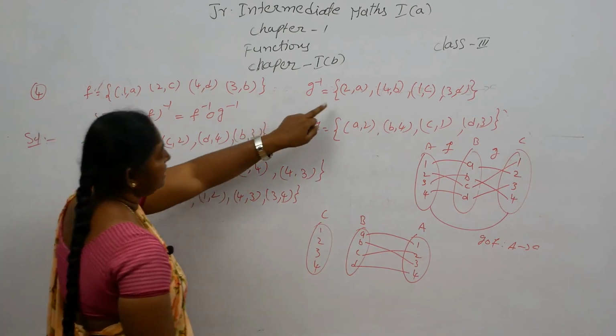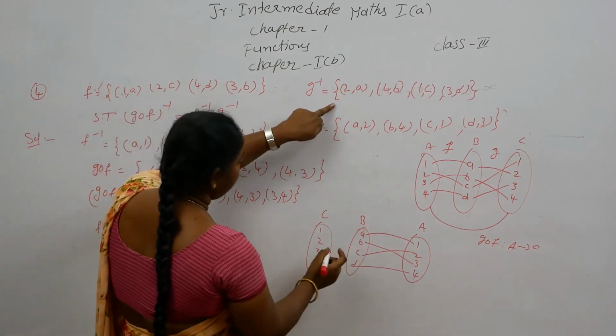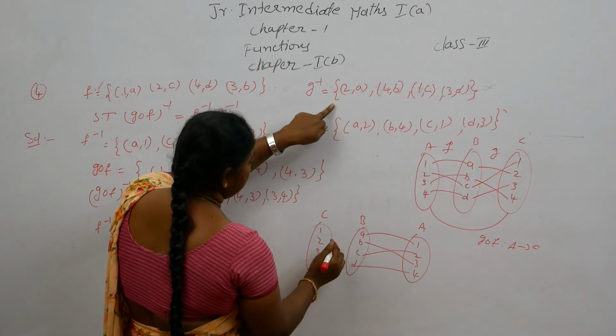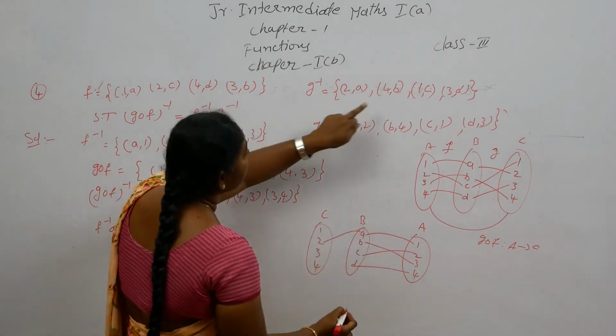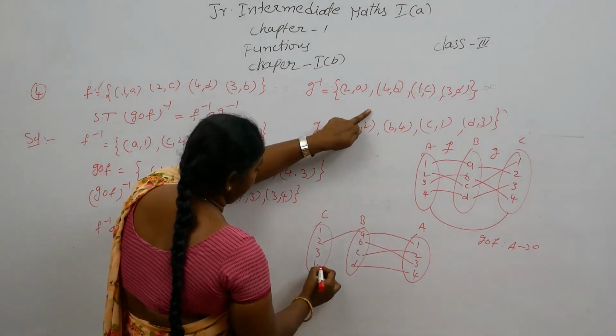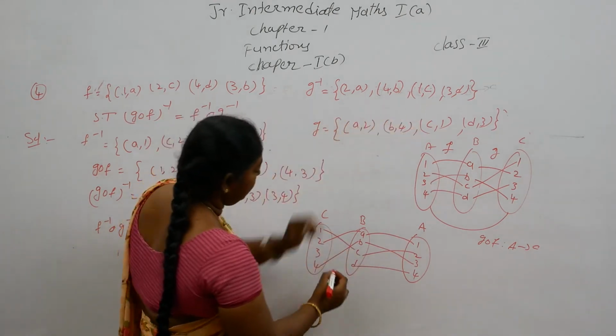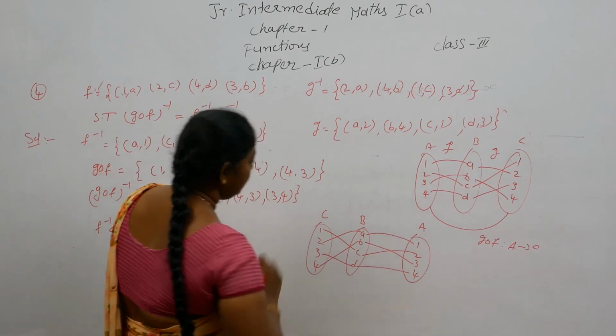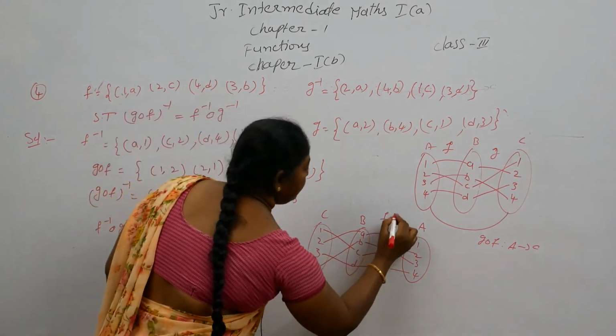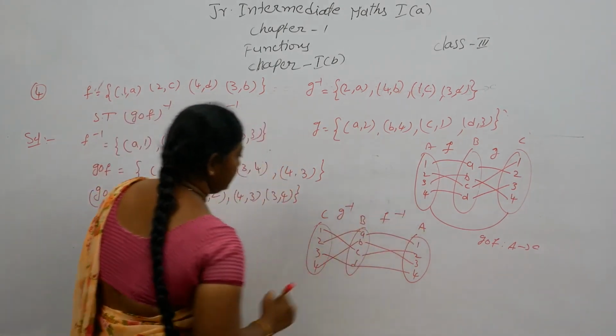And G inverse is 2 to A, 4 to B, 1 to C, and 3 to D. So this is F inverse and this is G inverse.